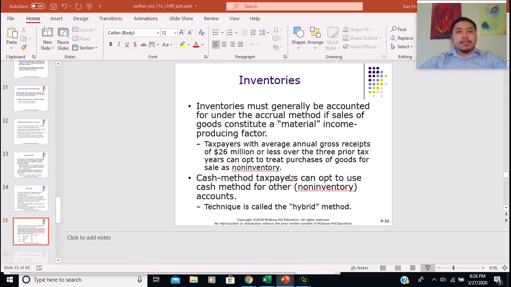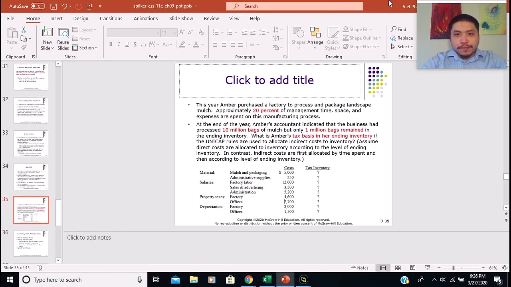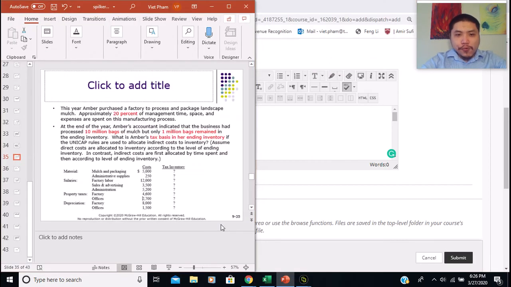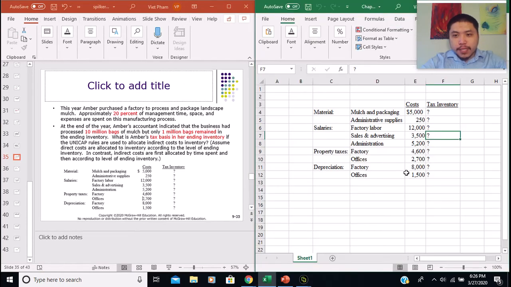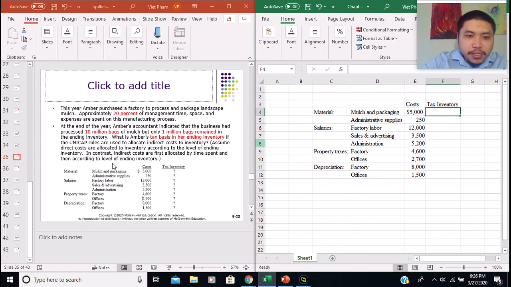So let's try to solve this together. I prepared a table here so that we can solve this faster. Here is the list of items that I mentioned in the problem. Let's say first the direct costs should be allocated to inventory according to the level of ending inventory.